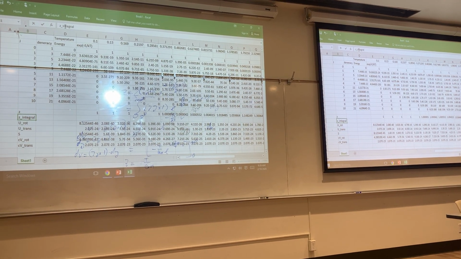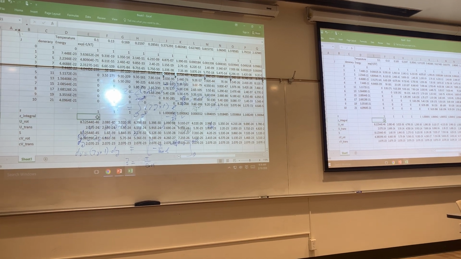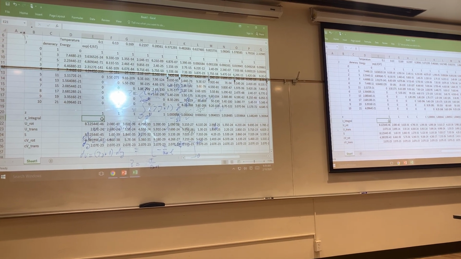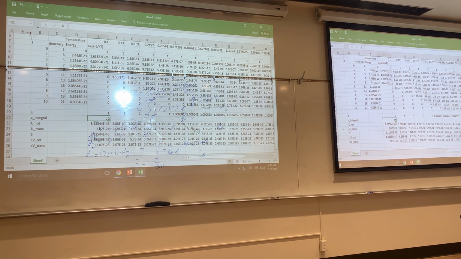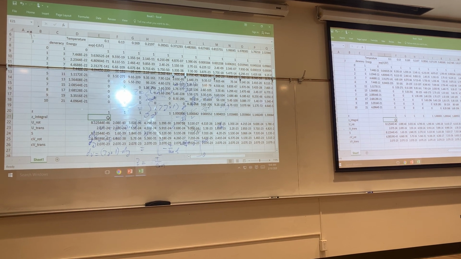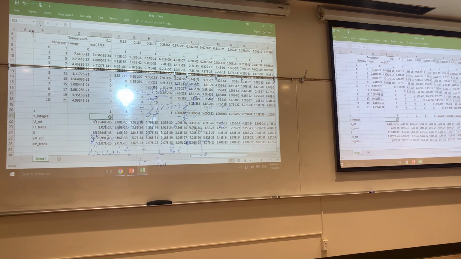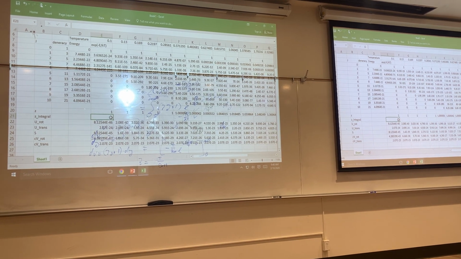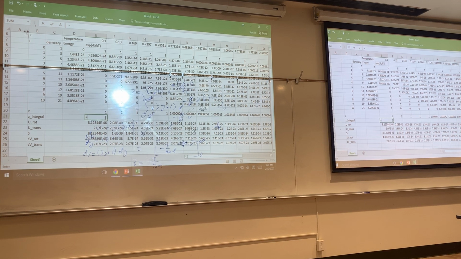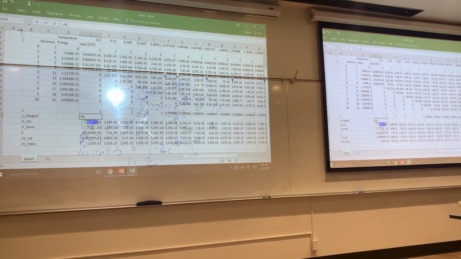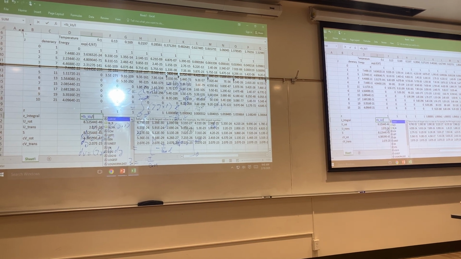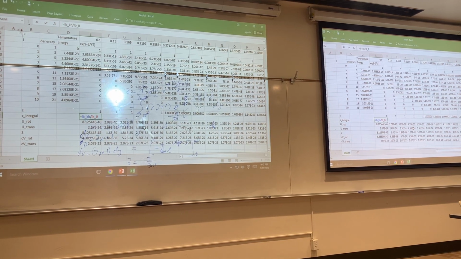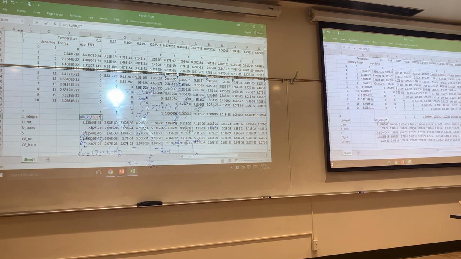So the whole thing by integral, then what I would have over here is that theta rot equals the Boltzmann constant divided by the value for B times the temperature.